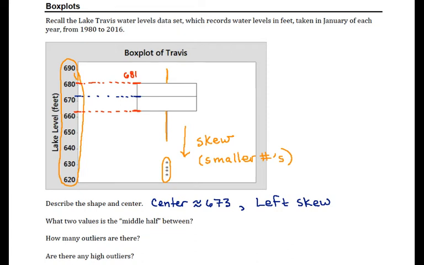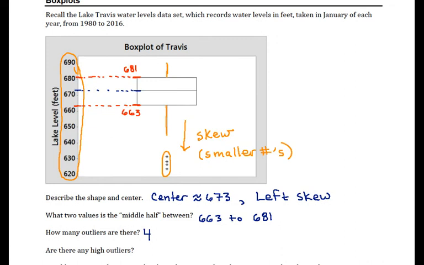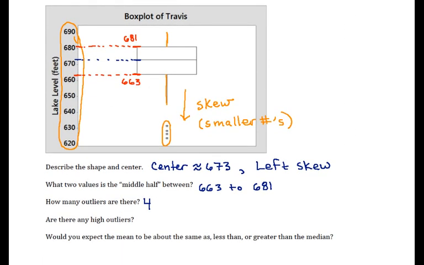And my lower bound is closer to 660. It looks like maybe 663. So the middle half is between 663 and 681. We've already identified the 4 outliers down at the bottom. They are all low outliers, so there are no high outliers.